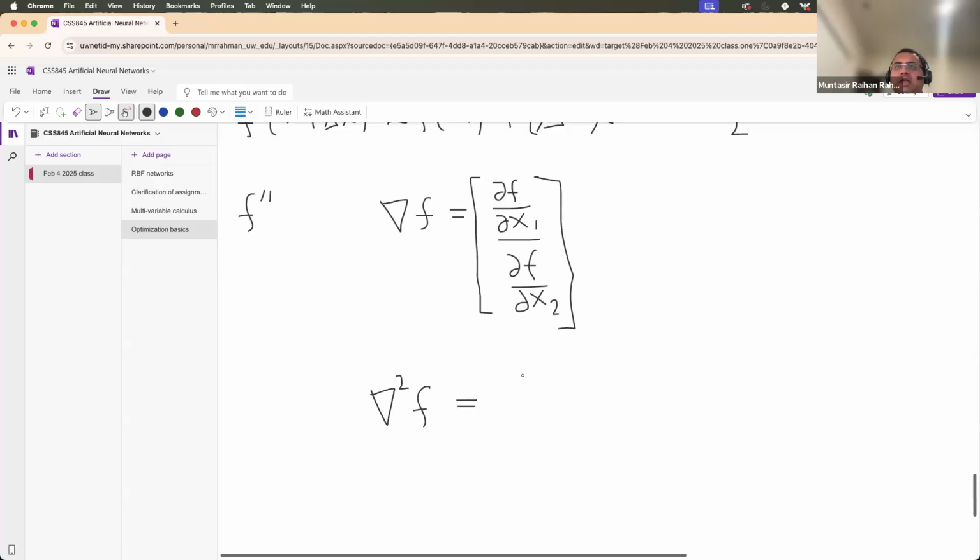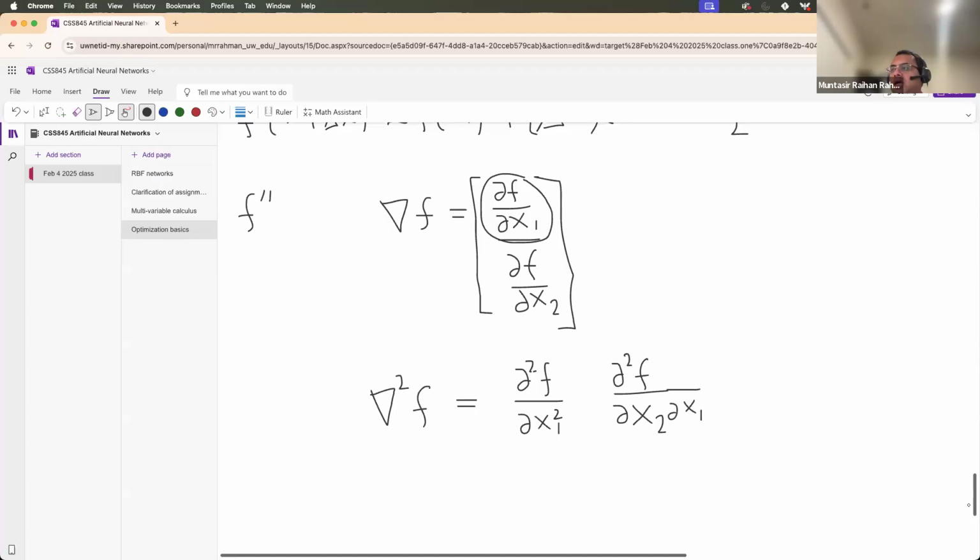If I take this and differentiate again with respect to x1, I get del square f with respect to del x1 square. And then I take this object and differentiate with respect to x2. Then what do I get? I get del square f with respect to del x2 del x1.